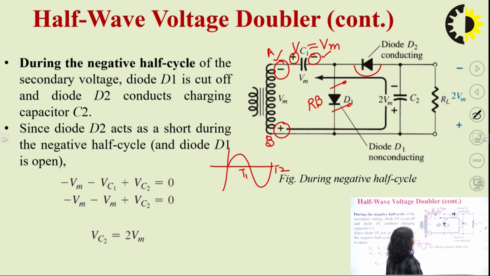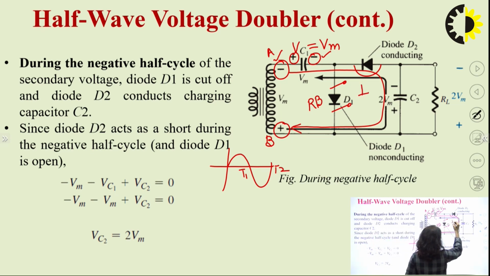Because of that, your current will start again flowing in the circuit. Let us again assume that the current is flowing in the clockwise direction. So, if current is clockwise, then again the potential which is appearing across this plate will be plus and minus.